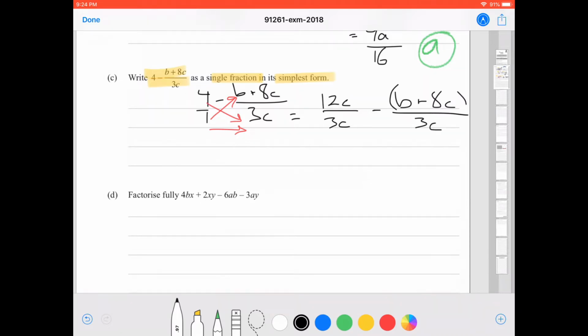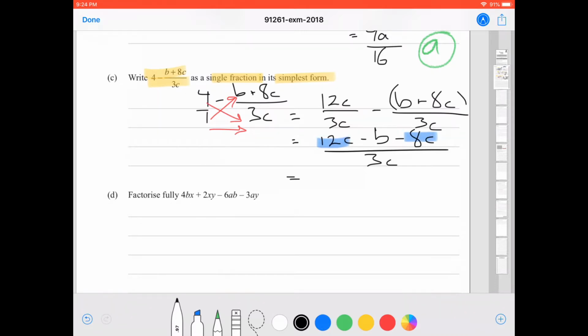And so we can combine fractions here because we've got the same denominator. We can say 12c, and at the same time let's expand these brackets, so it becomes minus b minus 8c, and this is all over 3c. We can collect like terms, so in the numerator, we've got terms with c in them.